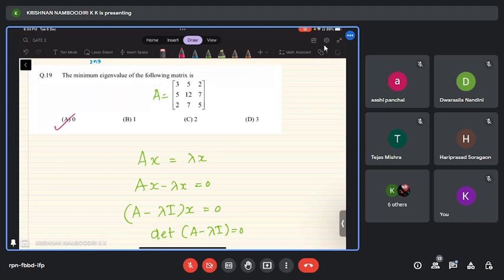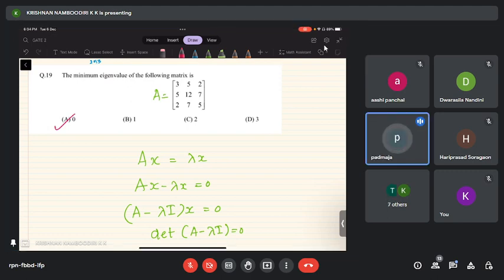Correct? Everybody agree with that? Anyway, in the options, you cannot find a number that is less than 0, right? If you find 0 as an eigenvalue of the matrix, then 0 is the answer. Everybody agree with that?